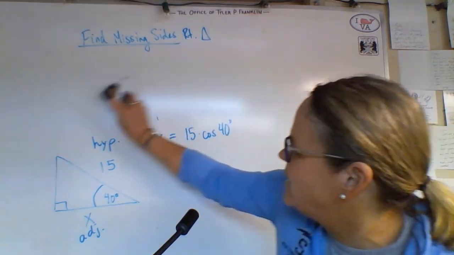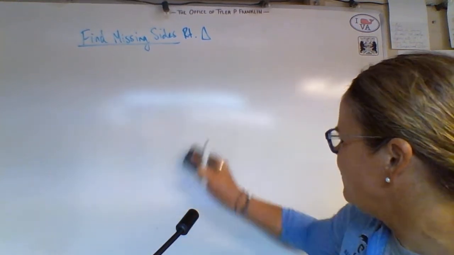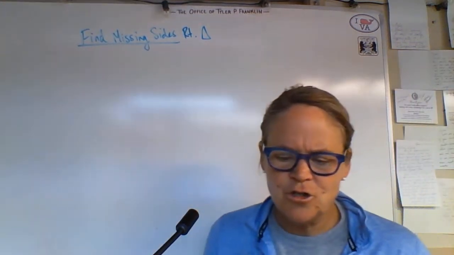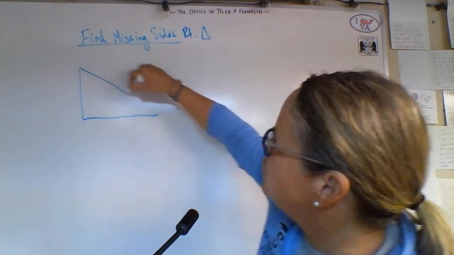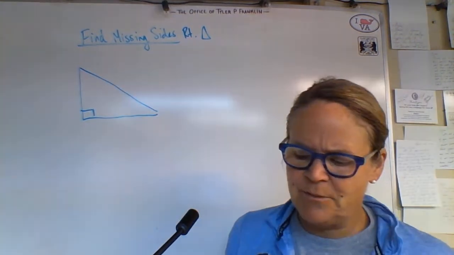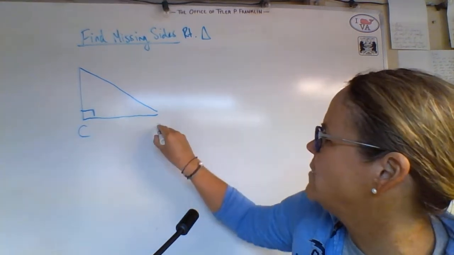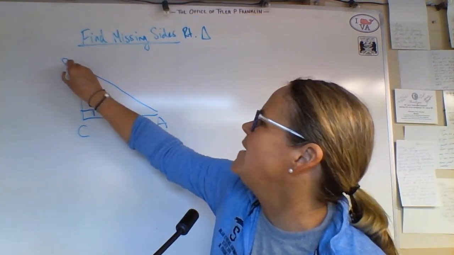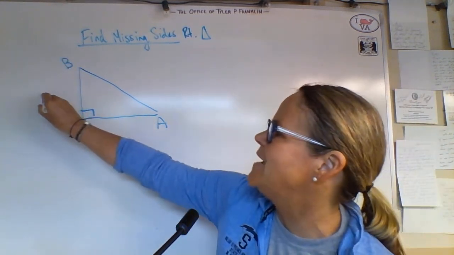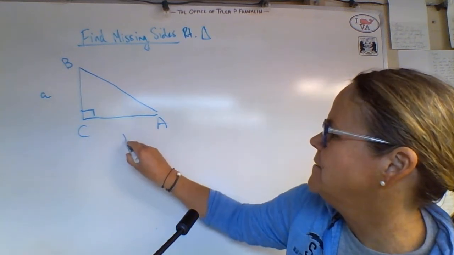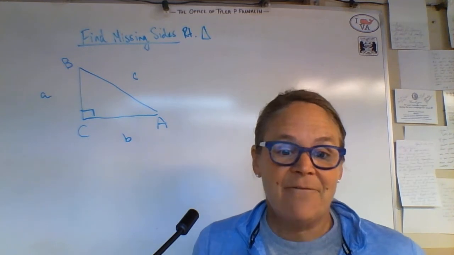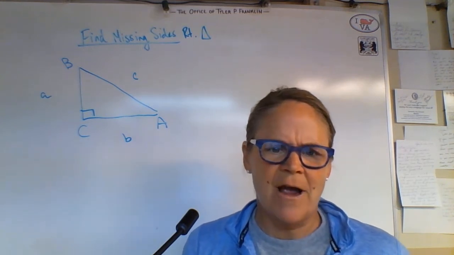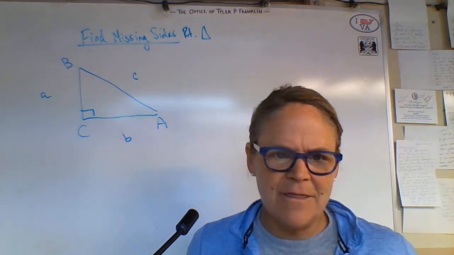The other big question that you're going to be asked is to solve a triangle. The issue with these is people will say to me they don't know where to start. If I gave you that triangle and I said that's little a, that's side B, that's side C. If I ask you to solve the triangle, I want everything found.